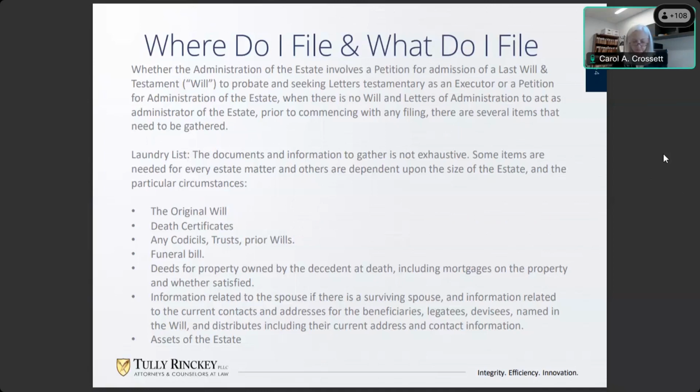The other, I had kind of a laundry list to go through, but of course the original will we went through, the death certificates we went through. Also obtaining other information, not only for the petition itself, but for after letters are issued, and getting familiarized with the estate and the circumstances related to the particular decedent should be asked for upfront, as soon as possible.